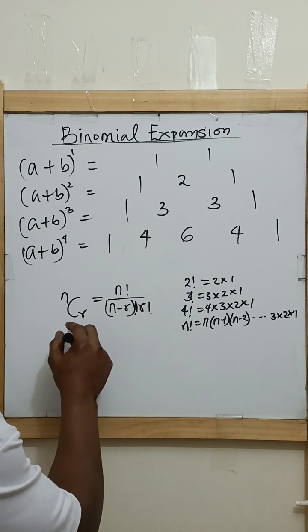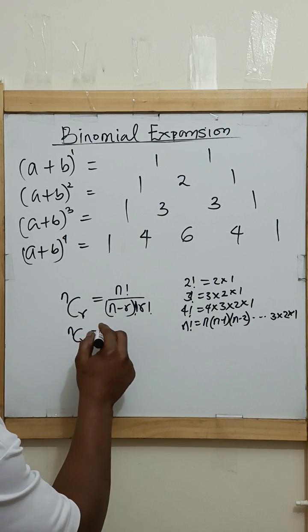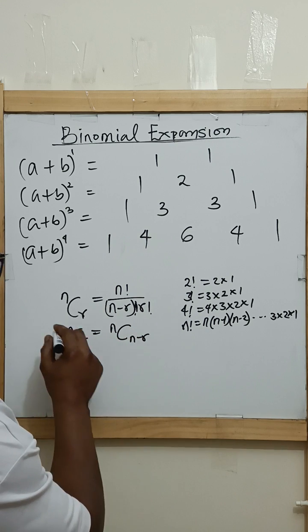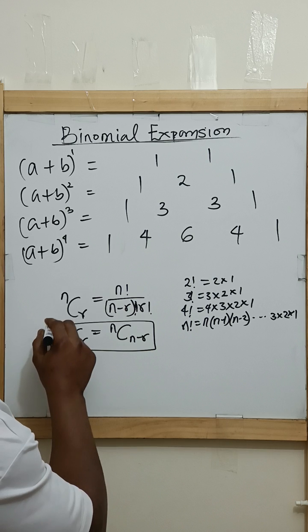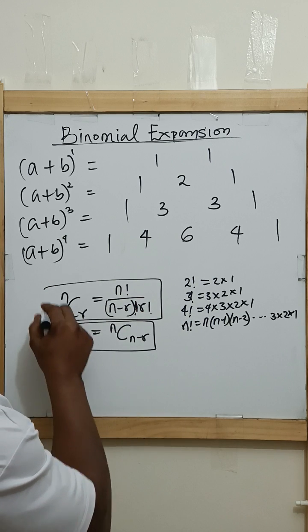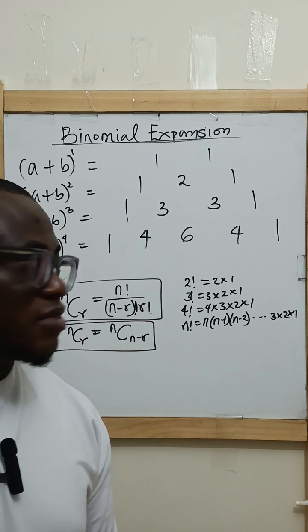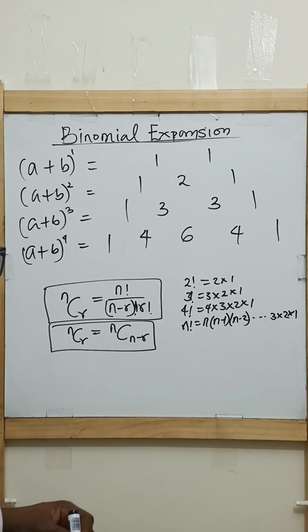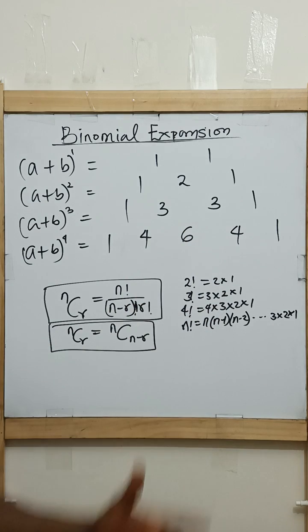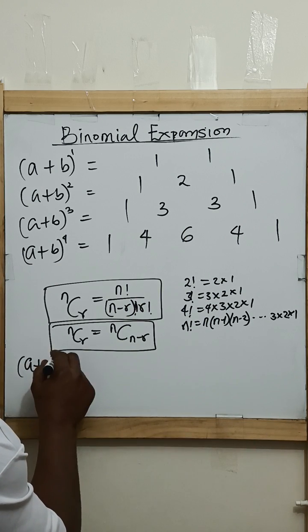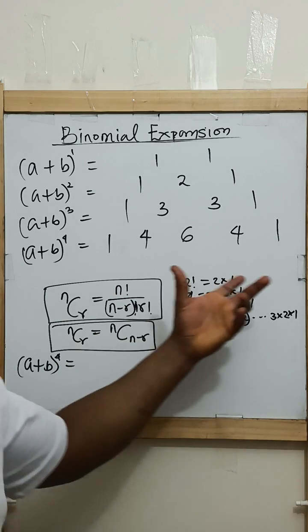There's also another formula that says nCr is the same thing as nC(n minus r). These two formulas are applicable to combination. Now we want to represent this with combination. So (a + b) raised to power 4, we'll see whether we get the same thing.